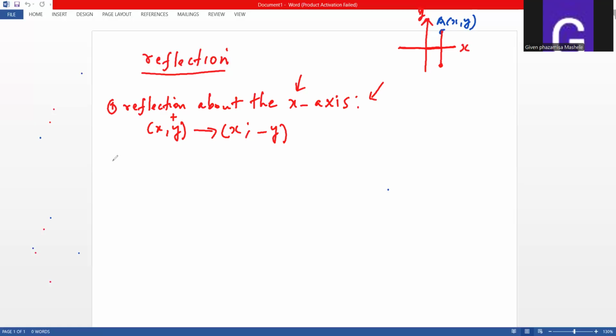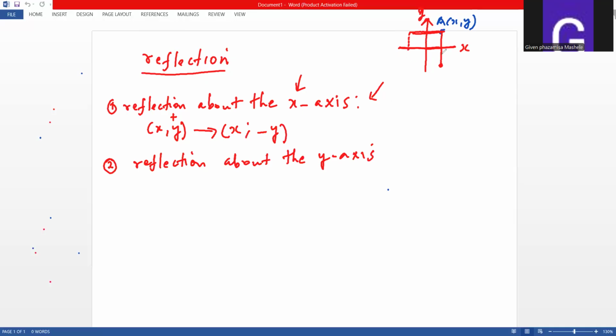Now the second one is what we call the reflection about the y-axis. What does it mean? It means we are taking this point and reflecting it about the y-axis, so the point must pass the y-axis. Do you see what has changed?